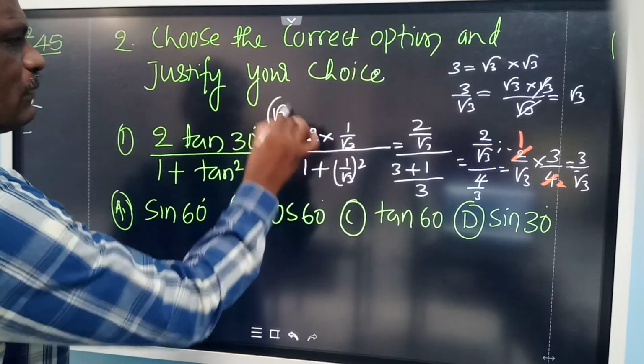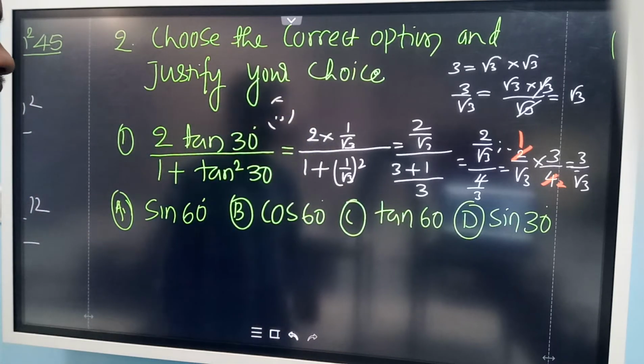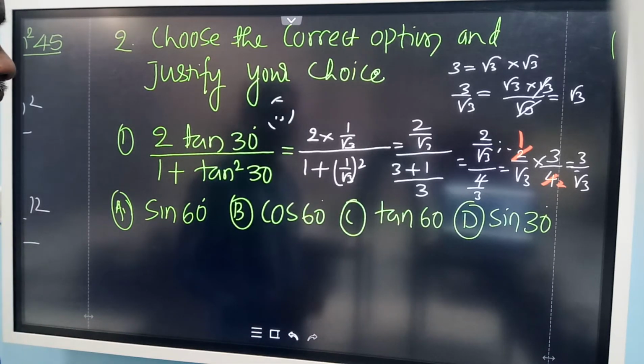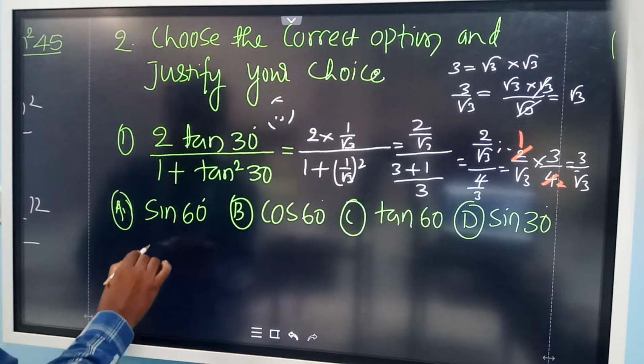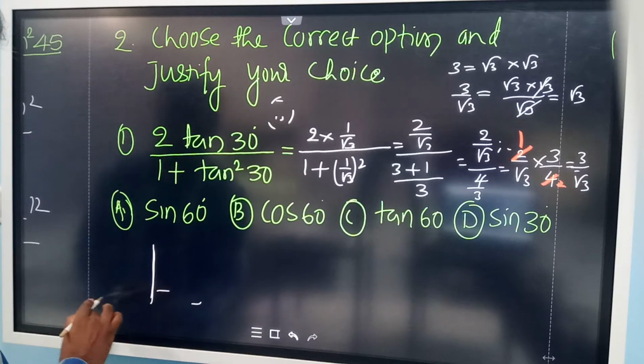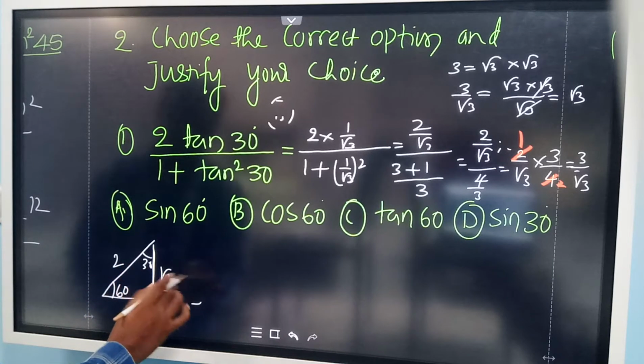So that means root 3 by 1. This value is equal to root 3 by 1. Which ratio will give you root 3 by 1? You know that diagram, you remember. So this is 60 degree, this is 30 degree. So 1, 2, root 3.